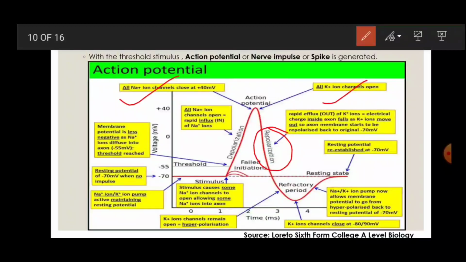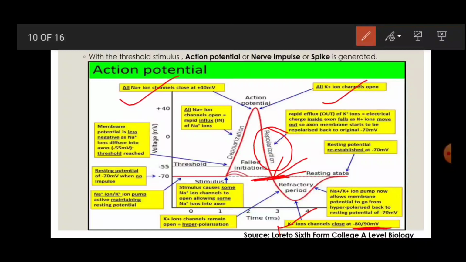But there is one problem with the potassium voltage gated channel: it does not close at the resting membrane potential. The channel should have closed here, but it goes below this, and this potassium channel closes at minus 80 to minus 90 millivolt.